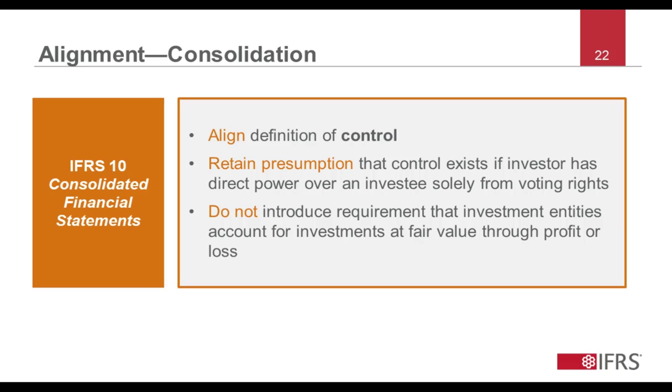So the board felt that this investment entities exemption failed the relevance test and isn't seeking views on introducing the requirements for investment entities into the standard. So then in terms of faithful representation, the board felt with improving the definition of control, having a single model, retaining the presumption, not introducing requirements for investment entities, it would still have a faithful representation of the group.